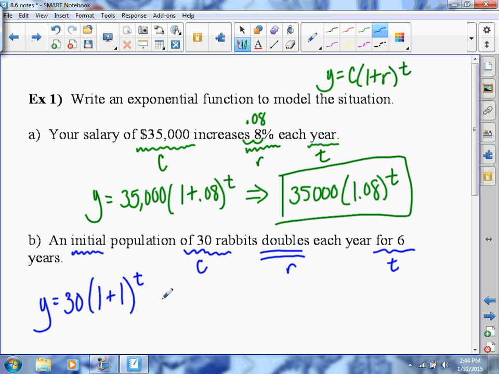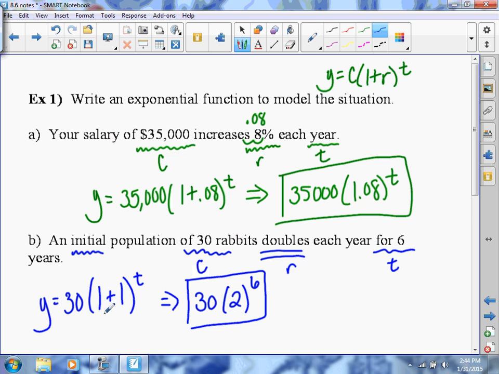Okay? So I'm going to start out with my 30 rabbits, and then I'll have 2 for my rate, and then this time is going to go on for 6 years. So that would be my function or my equation for this scenario.